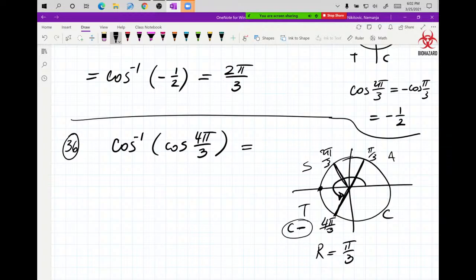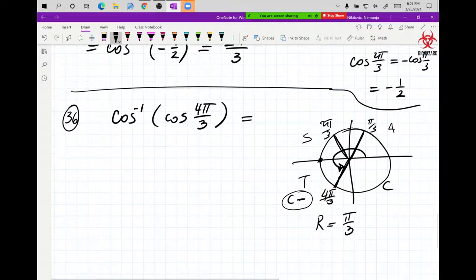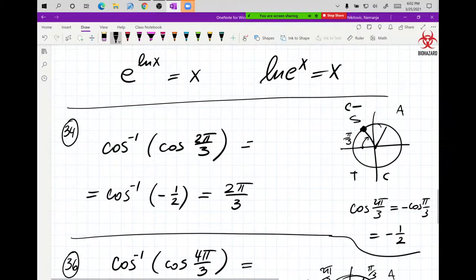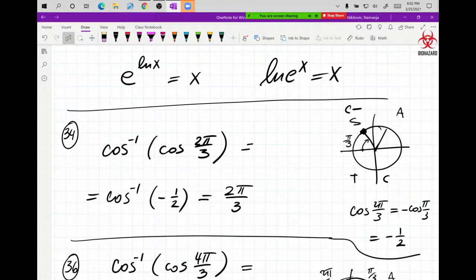So when you are computing this, the cosine of 4 pi over 3, that's going to be a negative cosine of pi over 3. And that's exactly what we had earlier. And you get negative half.